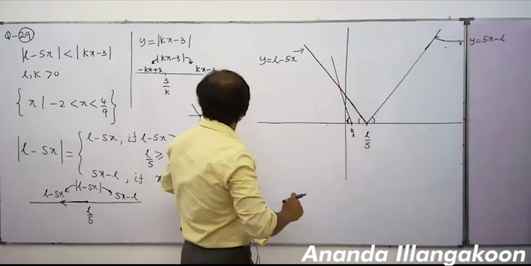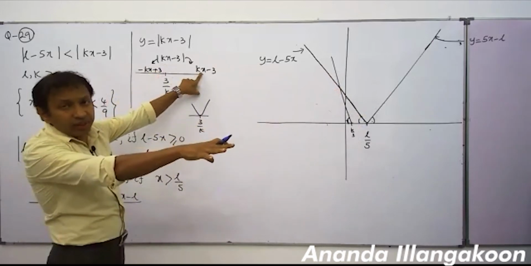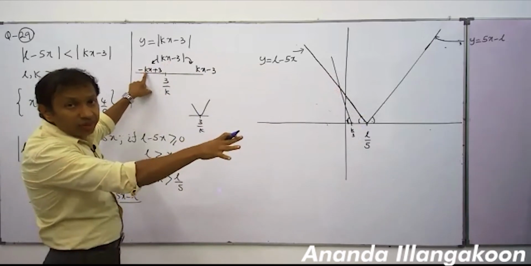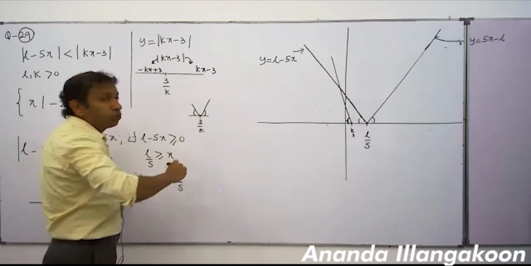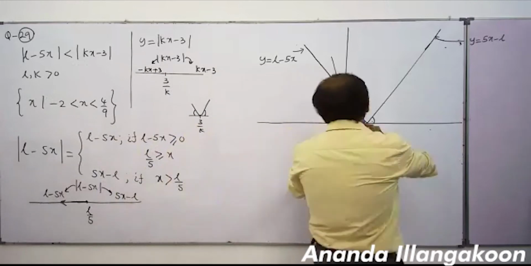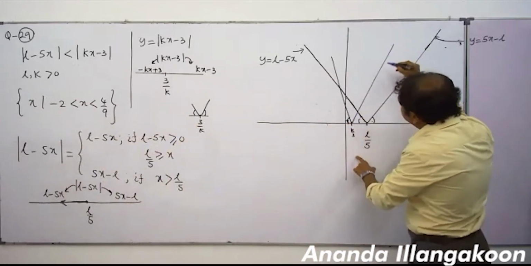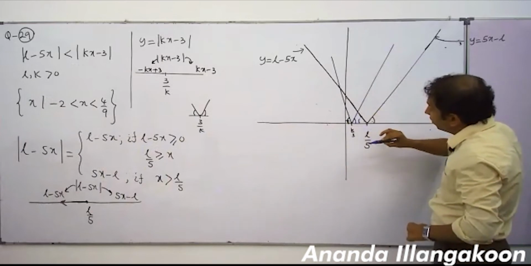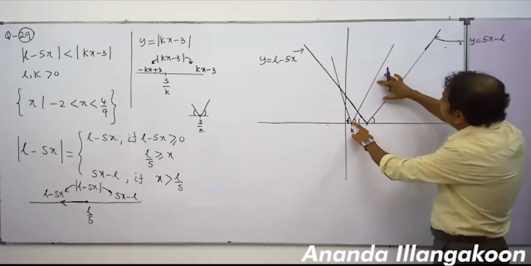Here in this graph also, the right-hand branch has gradient k, the left-hand branch has gradient minus k. So in this V-shaped graph, this angle and this angle should also be equal. Then the other branch also should make the same angle. Therefore, this angle greater than this angle, then these two lines never intersect.